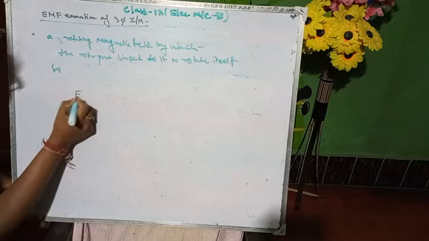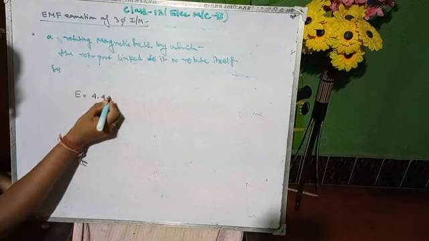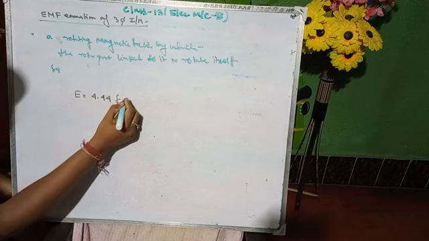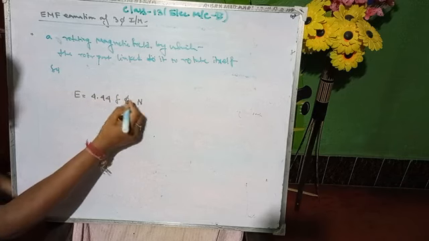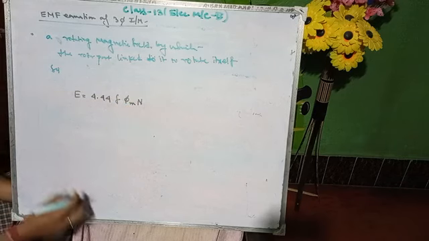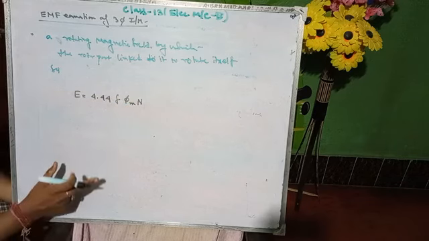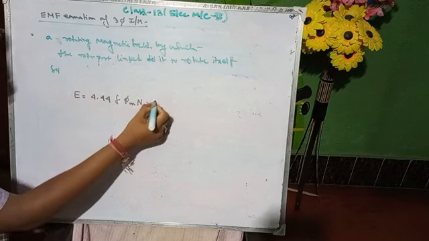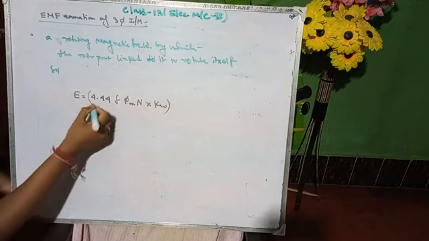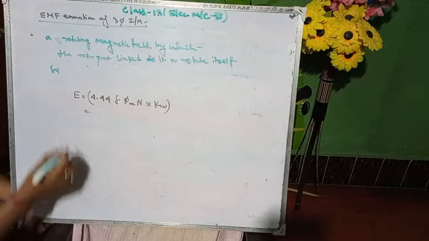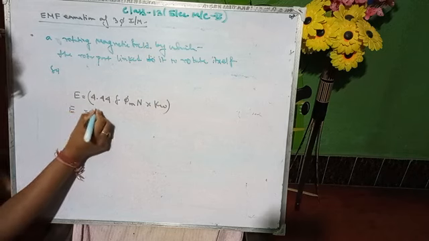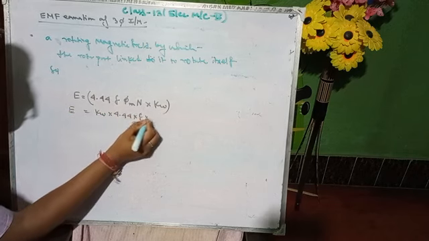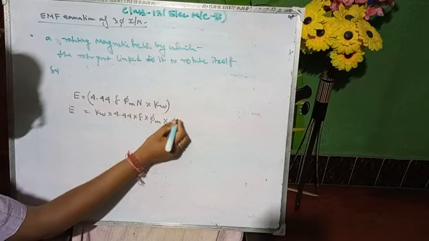That is E equals 4.44 f phi m, so this is for your transformer concept. Now I am writing it for the three-phase induction motor. So it will be E equals kW into 4.44 into f into phi m into ns.